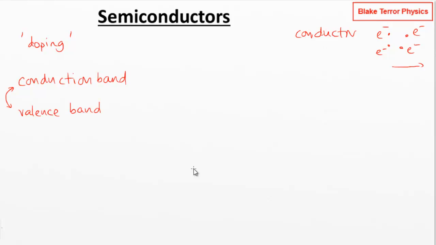In an insulator, that just doesn't happen unless you've got huge potential differences. The electrons are all tied up in the valence band. So this is what's going on inside the semiconductor. Inside the conduction band, we're thinking about these free electrons that are moving around. Inside the valence band, we're thinking of these things called holes, which are sort of spaces where electrons can exist.